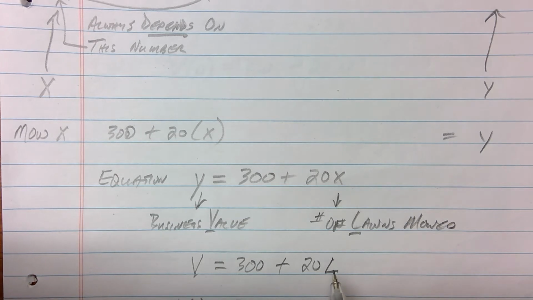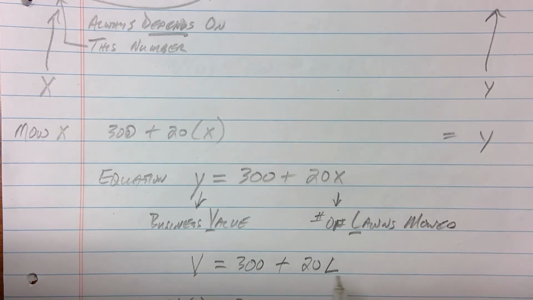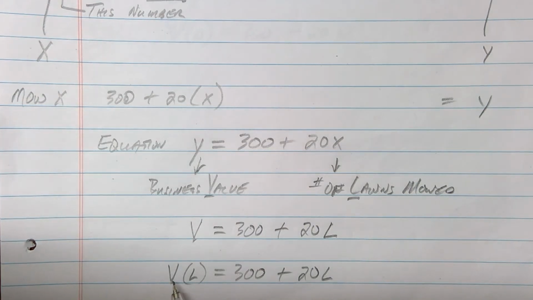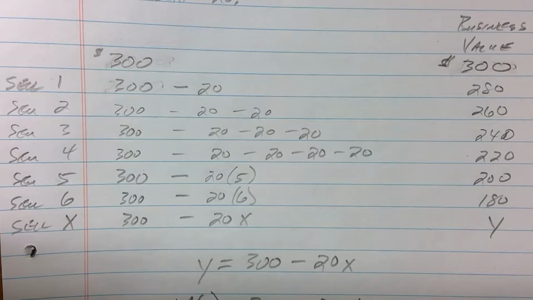I chose to use L. All right. And to make this official function notation, I need to write V in terms of L like this. So the value of my business depends on how many lawns I mow. The value of my business in terms of how many lawns I mow is 300 plus 20 times the number of lawns that I mowed.